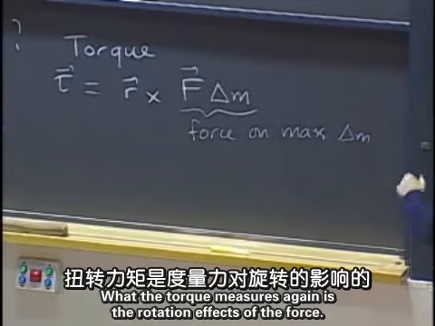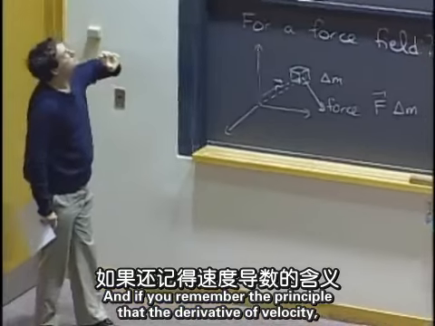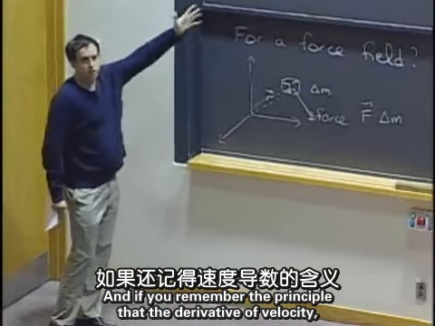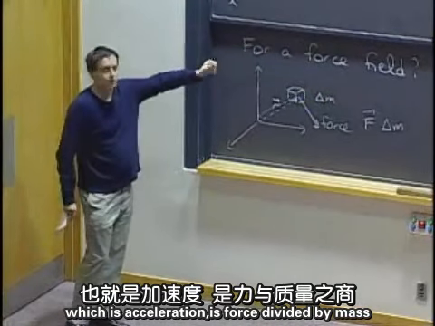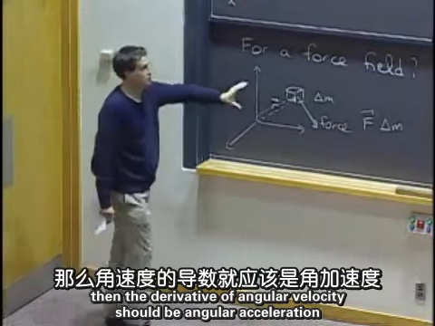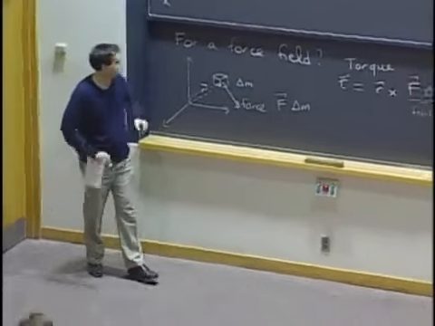And so what the torque measures, again, is the rotation effects of the force. If you remember the principle that the derivative of velocity, which is acceleration, is force divided by mass, then the derivative of angular velocity should be angular acceleration, which is related to the torque per unit mass.